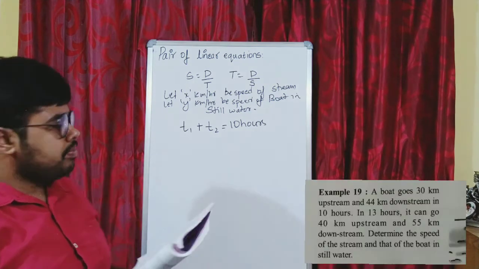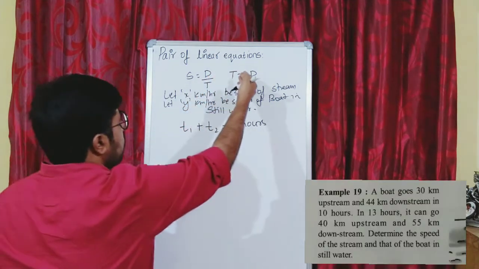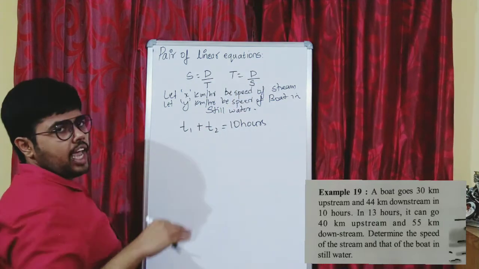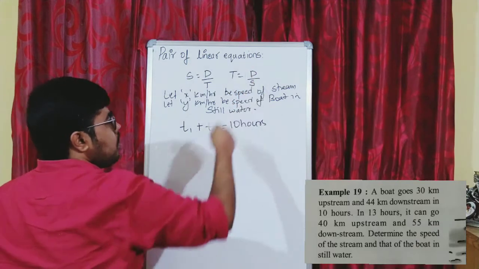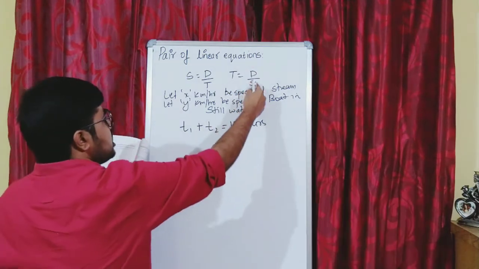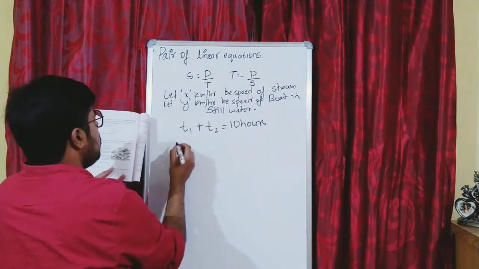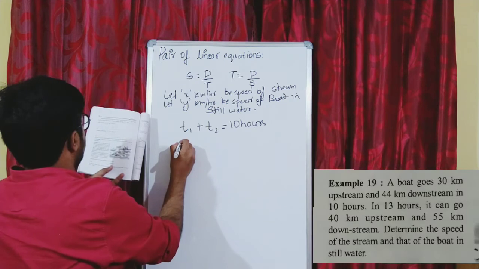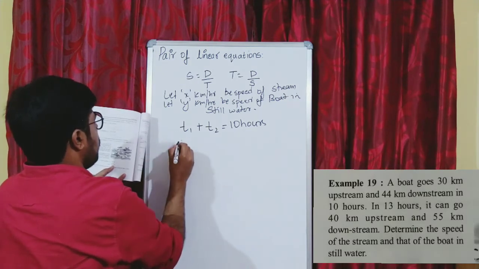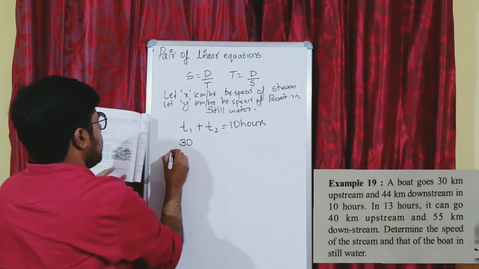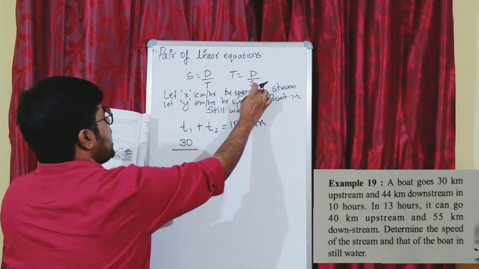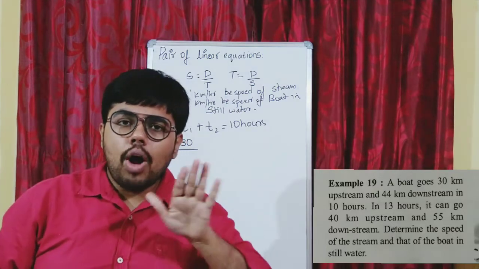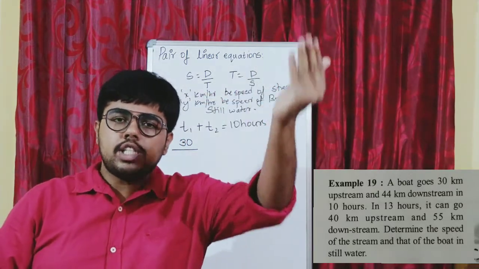So now we'll go to our equation. We will replace the time in terms of distance and speed, because time is not given, they are given as distance and speed. So what is time? Distance by speed. First, the distance is 30 km upstream, so it is 30. And what is the speed? I told you, upstream you just imagine the speed is getting low.